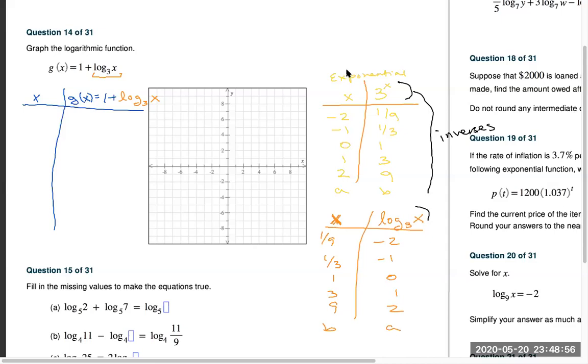So we're actually going to be using the same x values. The reason is because when we plug in those x values, we get nice log values. And then for g of x, I have my 1 plus, what is log base 3 evaluated at this particular x value? We found log base 3 of 1/9 is -2.